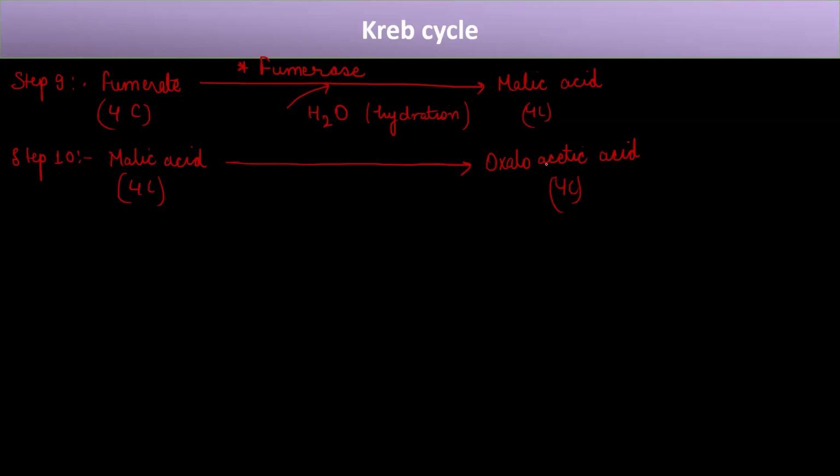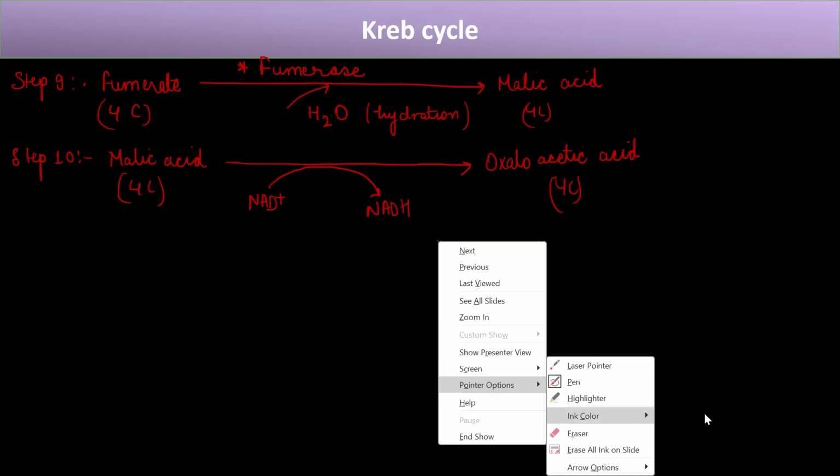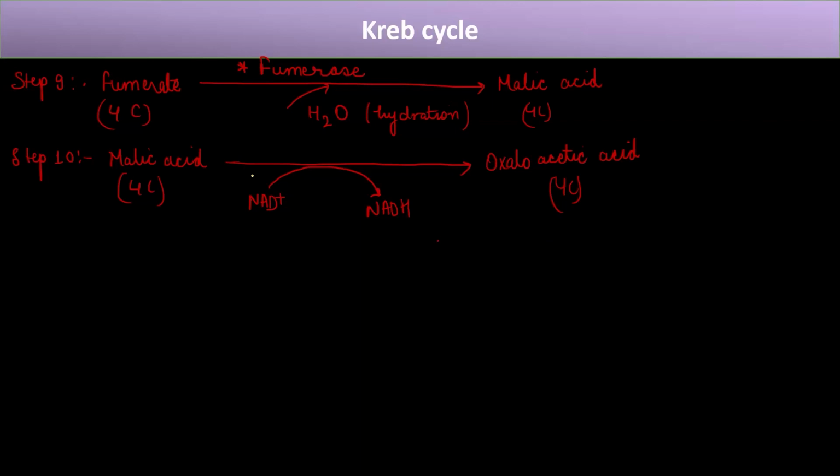So again, the oxaloacetic acid got recovered. Here again, NAD plus is getting utilized to form NADH. It means that malic acid undergoes oxidation to form oxaloacetate. And the enzyme that is involved is known as malate dehydrogenase.